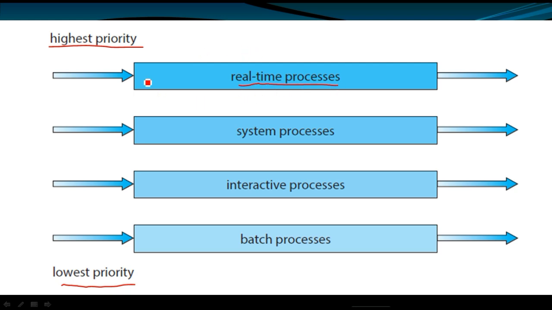Real time processes are at the highest level, then come the system processes with lesser priority than real time, then interactive processes with lower priority than system processes, and the final one is the batch processes, which have the lowest priority. These are the four queues we have, and any process in a queue belongs exclusively to that queue.